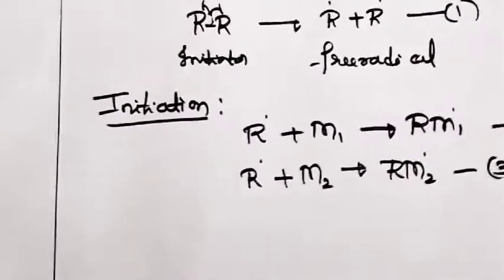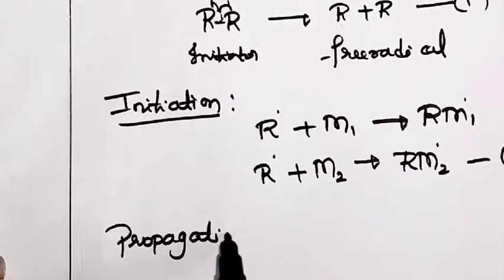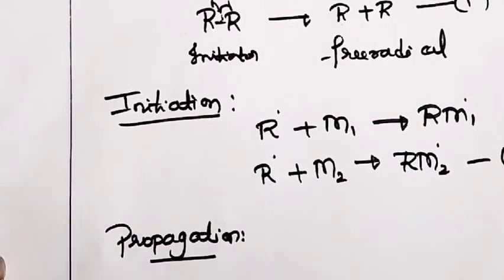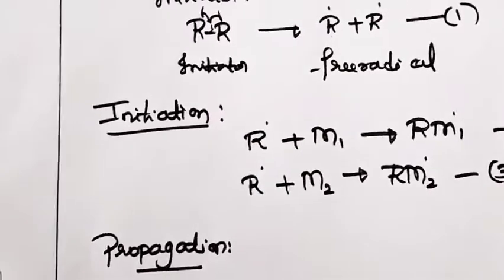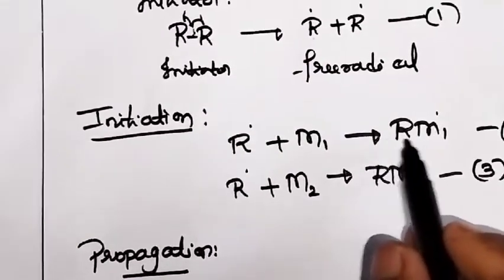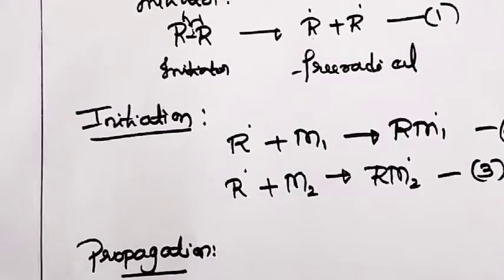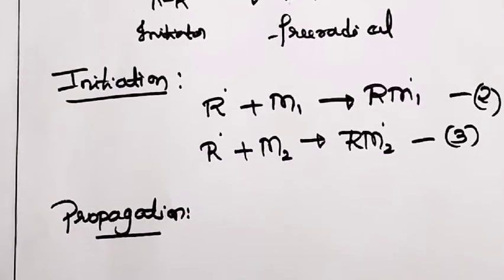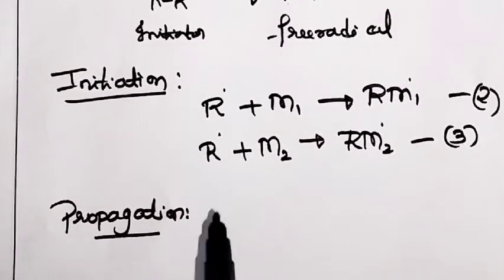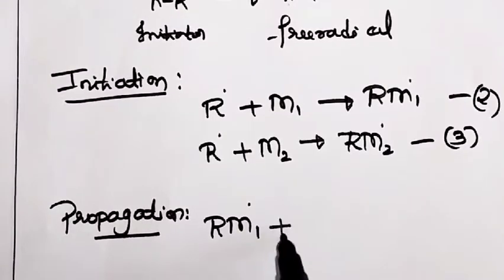The next step is the propagation step. In the propagation step, the free radical generated here will attack more monomer so that the chain length keeps increasing. That is what happens in propagation. The M1 free radical will attack the monomers.